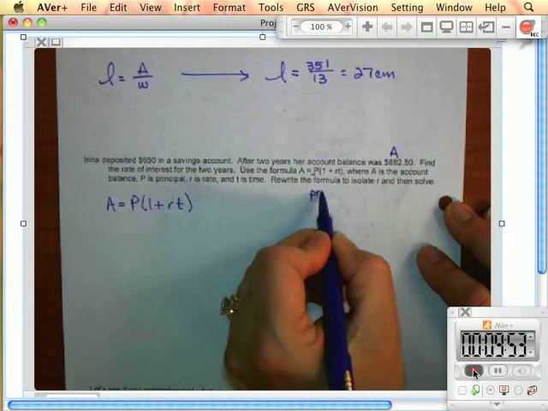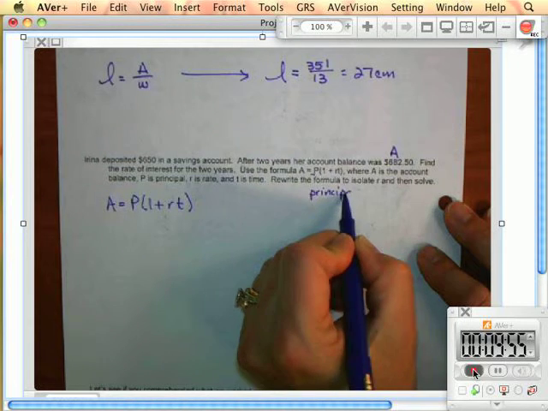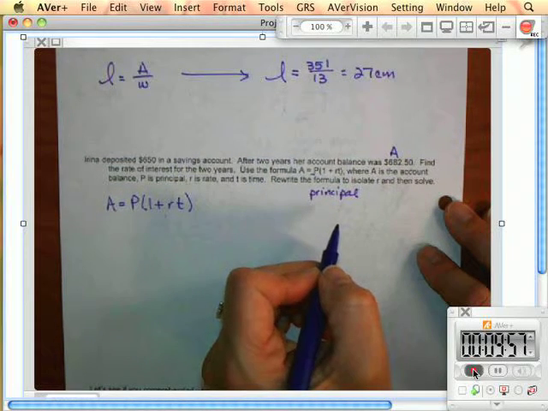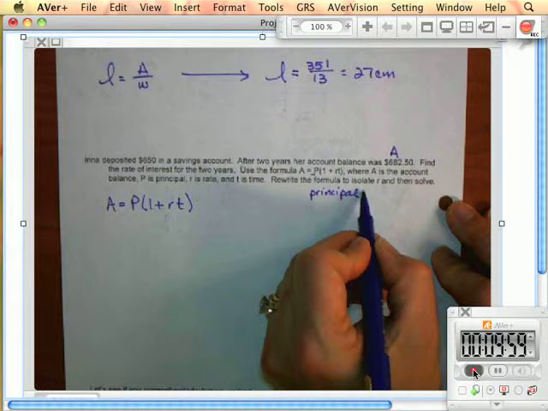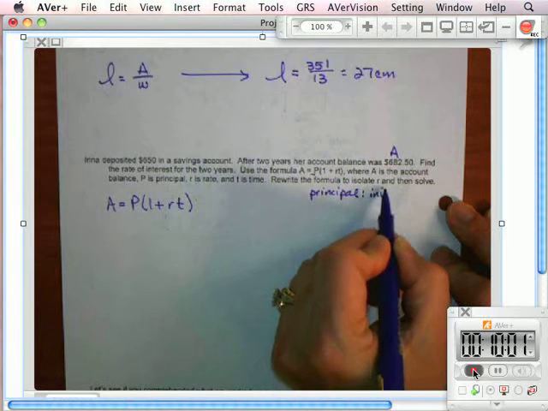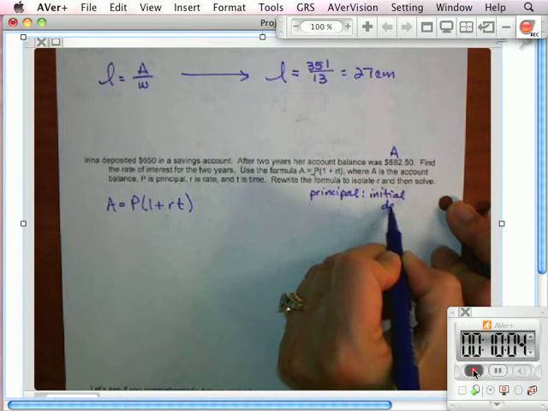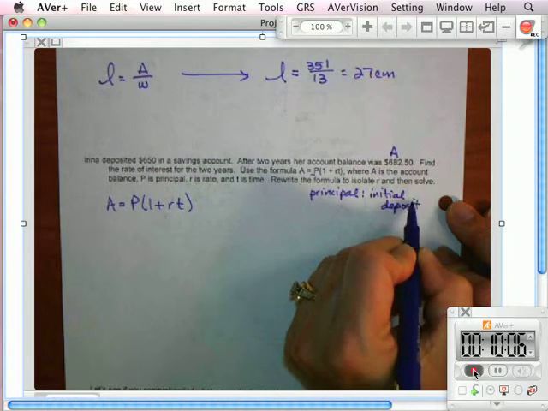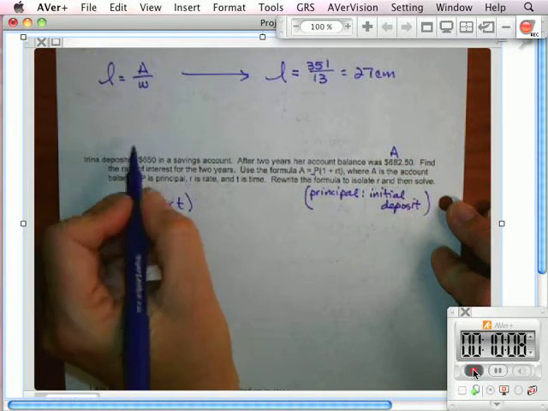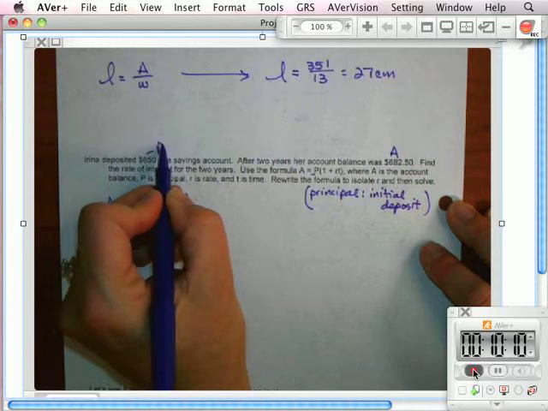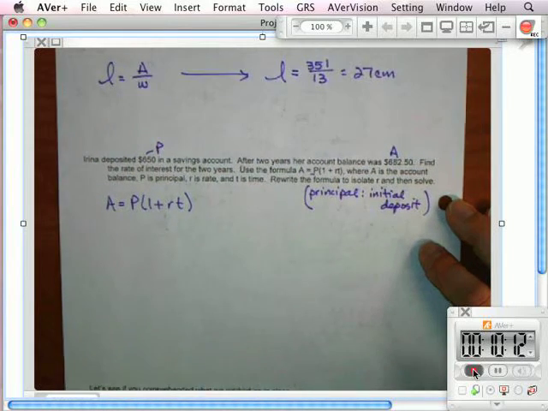And in case you don't know, does anybody know what principal is when we're talking about a bank account? Right, the initial deposit. So original. So this is my P right here. She originally deposited $650.